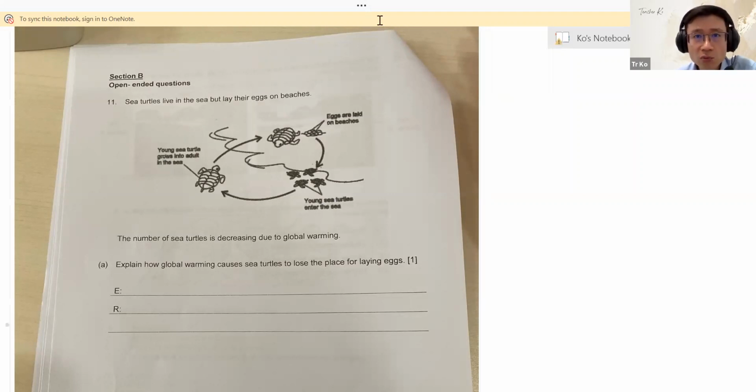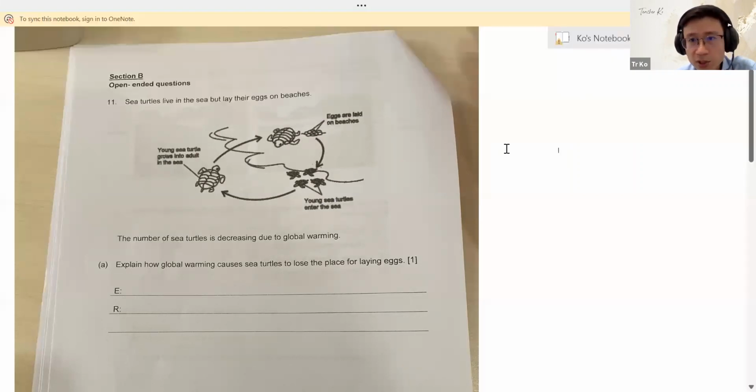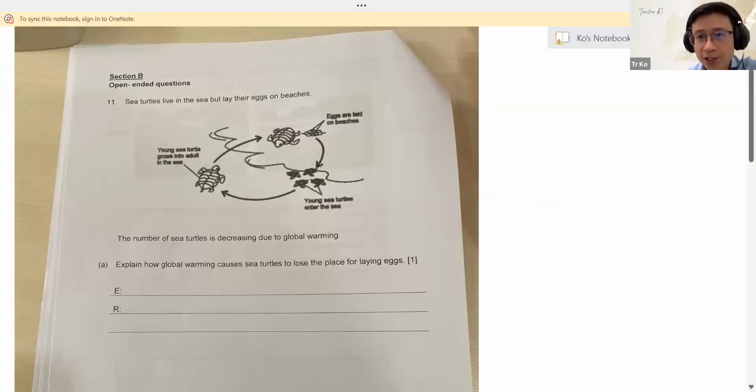So we need to know what is global warming, right? So the key idea here, I'm just going to write down here, global warming. What is actually global warming? Global warming, of course, is caused by this thing called the greenhouse effect.